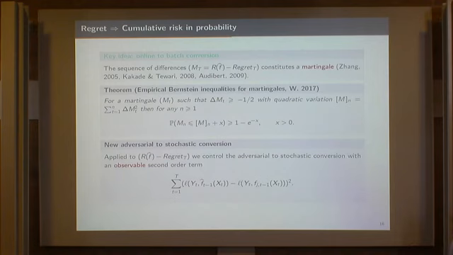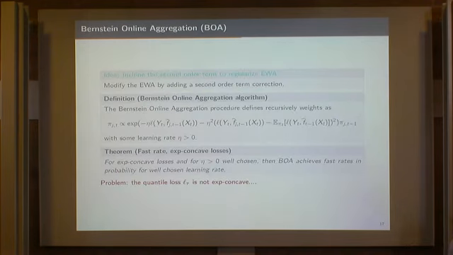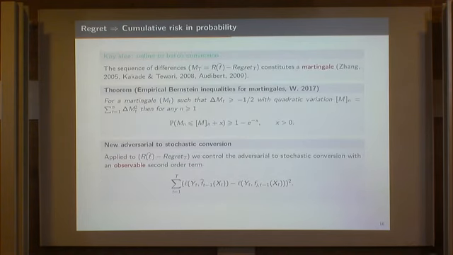Sorry for that typo. So you cannot bound this for EWA, and actually it's this quadratic variation term that is responsible for the gap between a nice regret bound, even in the exp-concave case, and the bad one in the stochastic environment.